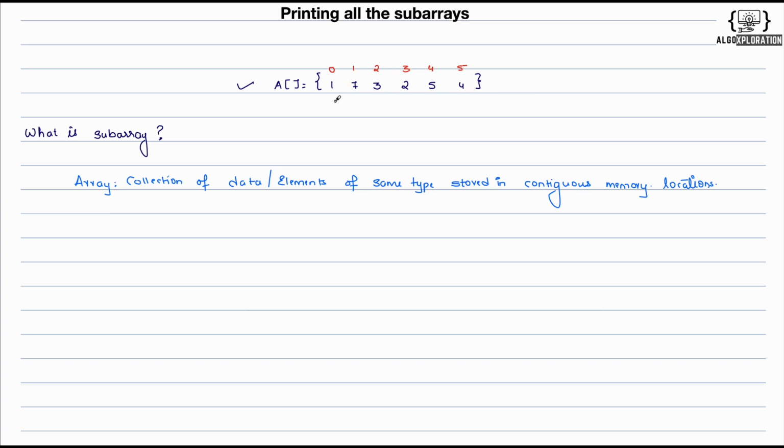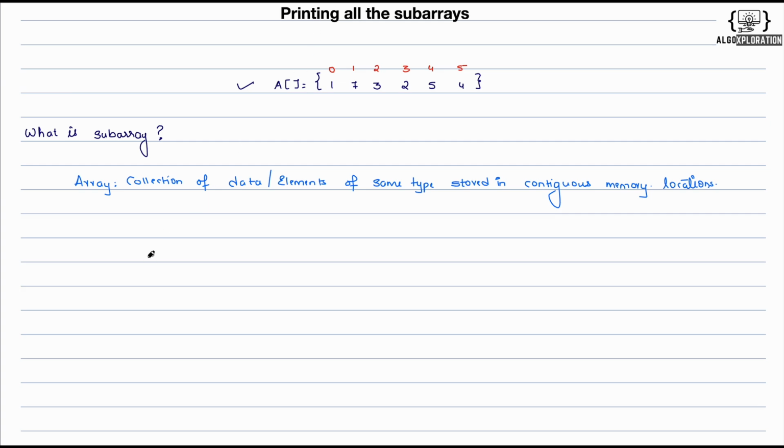Now they want it in a continuous way. So a single element can also be a subarray. So 1 can be a subarray, 7, 3, 2, 5, and 4. Similarly, the whole array can also be said to be a subarray, right?